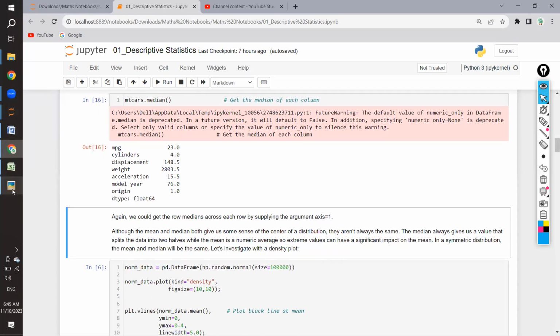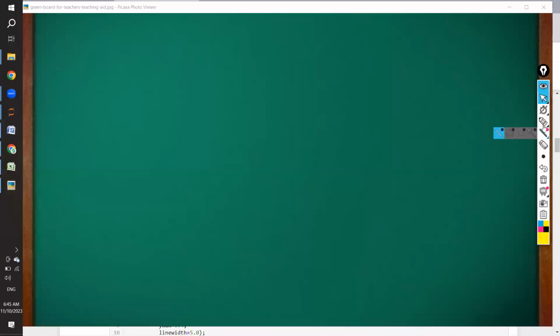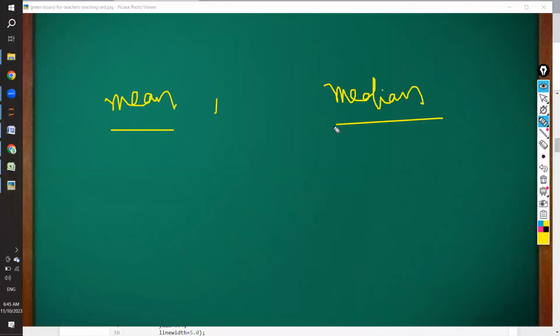Clear? Even though mean and median are trying to give us the same meaning, they are actually different. The median is saying, hey, I am that number x where I will divide the data into 50, 50, into two halves. That is my goal.